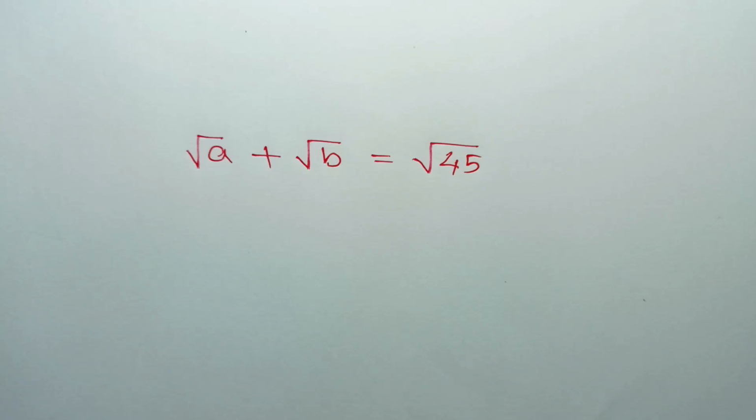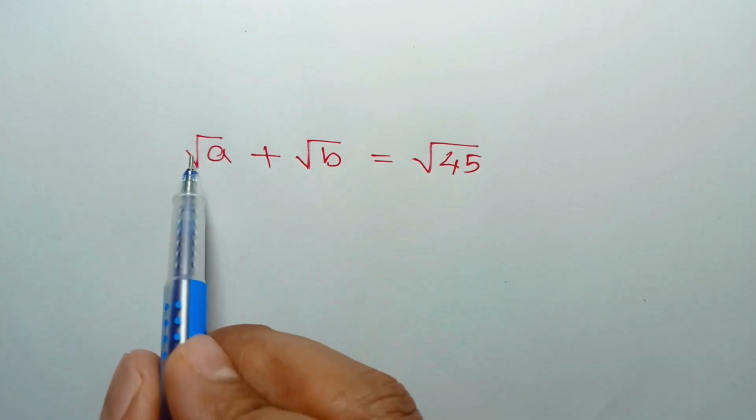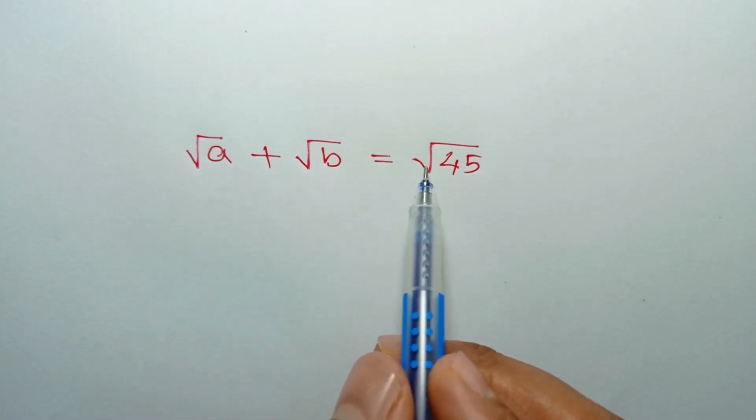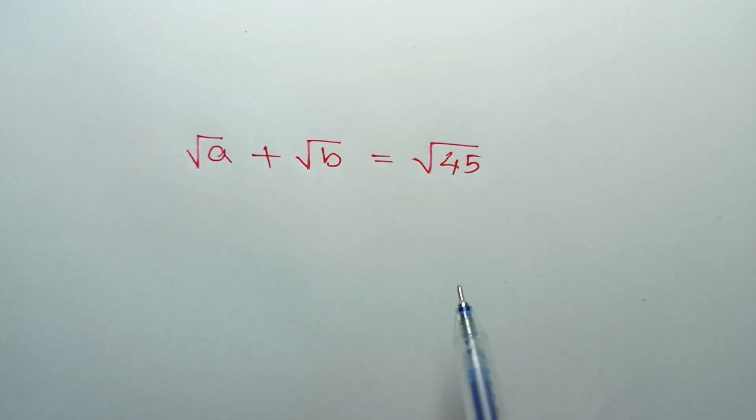Hi everyone, in this video I am going to show how to find the integer solution of square root of a plus square root of b is equal to square root of 45.